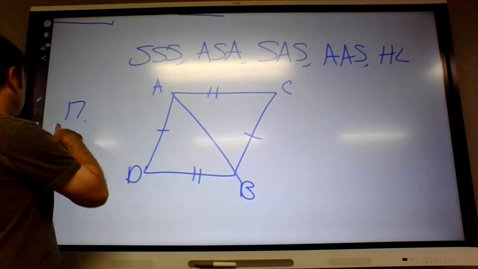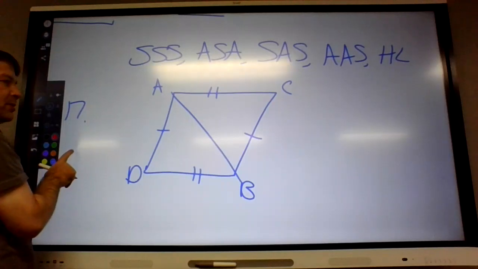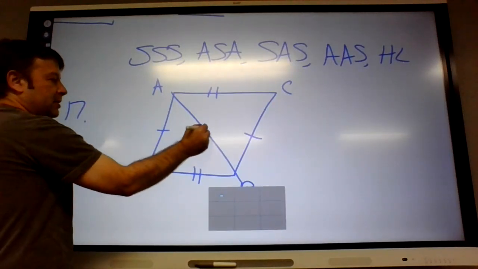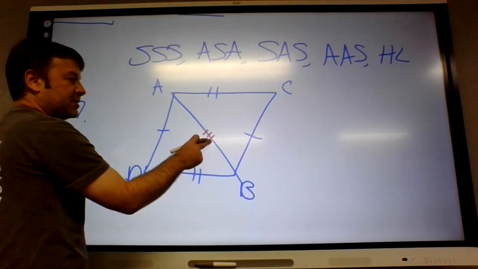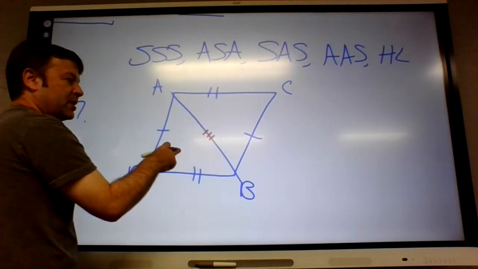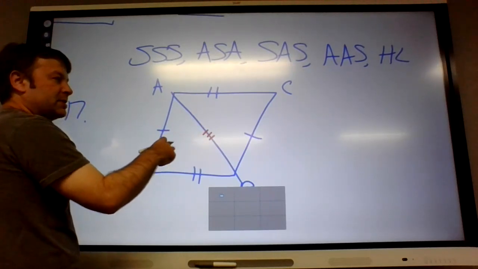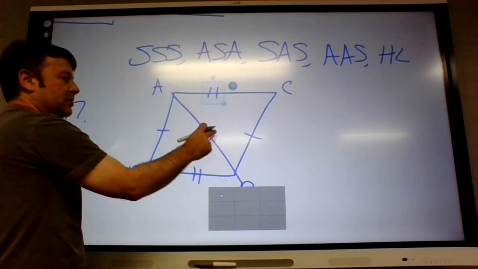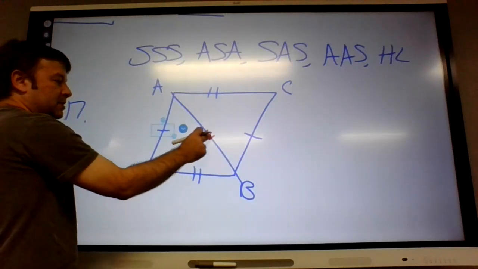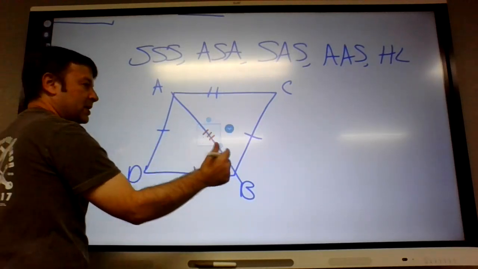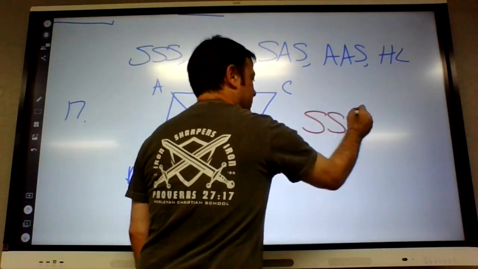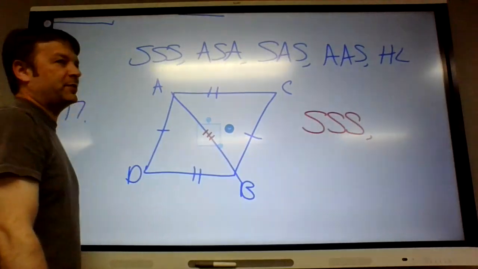What is congruent that they're not telling us is congruent? The middle line. The line down the middle. This line is congruent to itself because it's in both triangles. So, how do I know these two triangles are congruent? What do we have here? Side. So, that's the first answer.